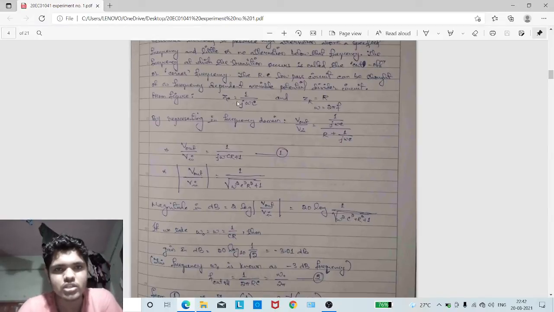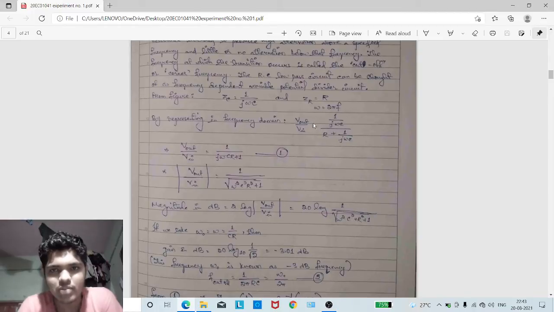This is the impedance of the capacitor, ZC, which is 1 by j omega C, and we have the V out and V in. V out is directly proportional, as the current I will be the same. So V out by V in will be directly proportional.